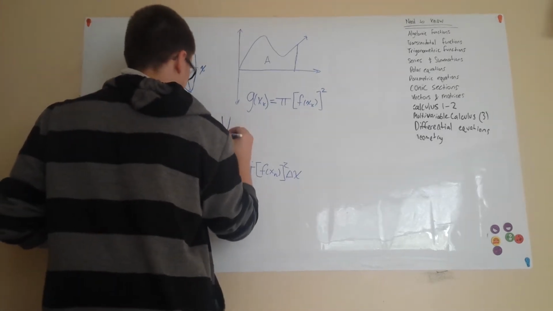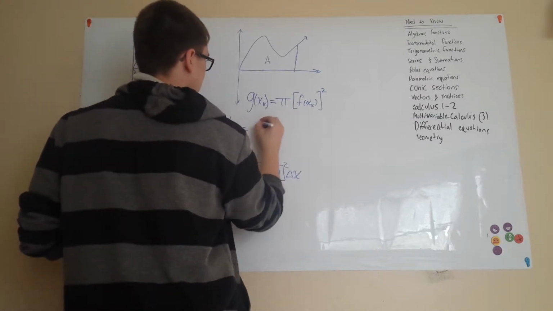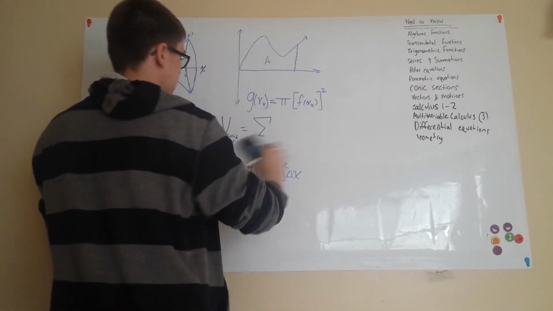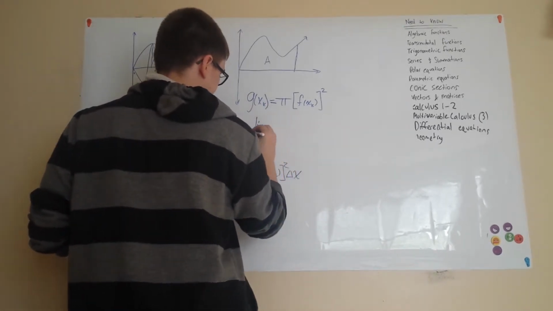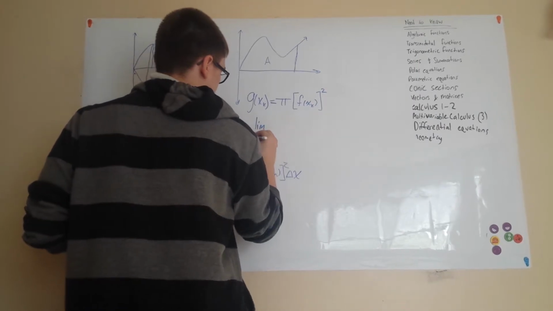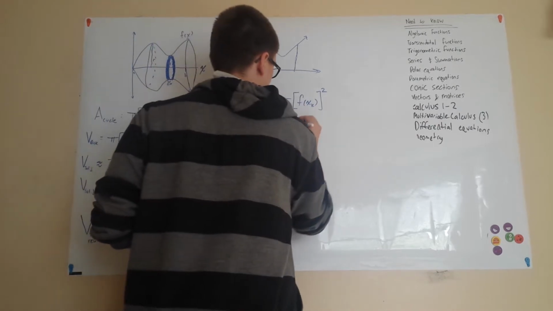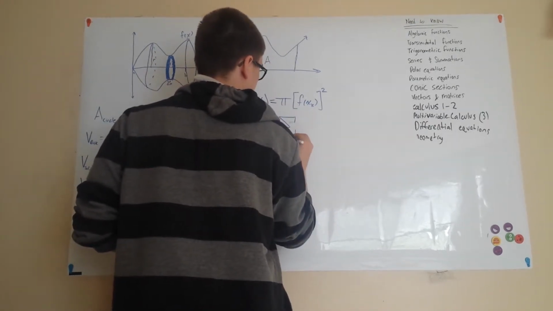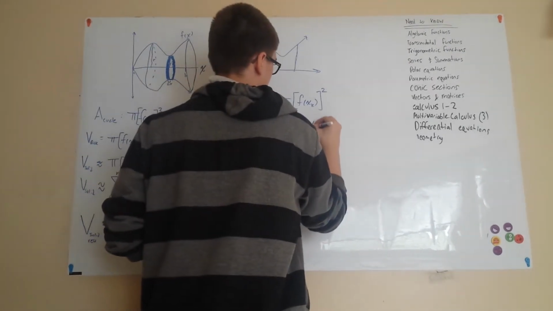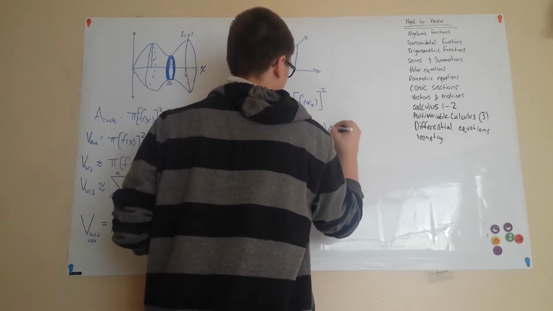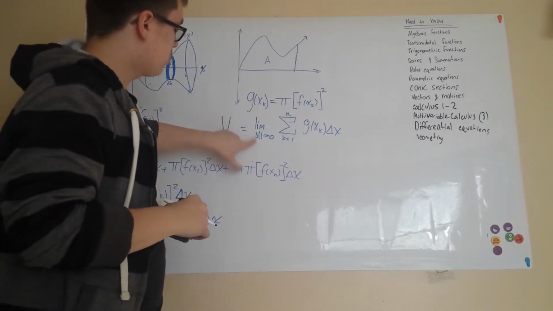So the volume of the solid of revolution becomes the limit as the norm of the partition approaches 0 of the summation from k equals 1 to n of g of x sub k times delta x. Now, of course, we don't have to write the norm of the partition.